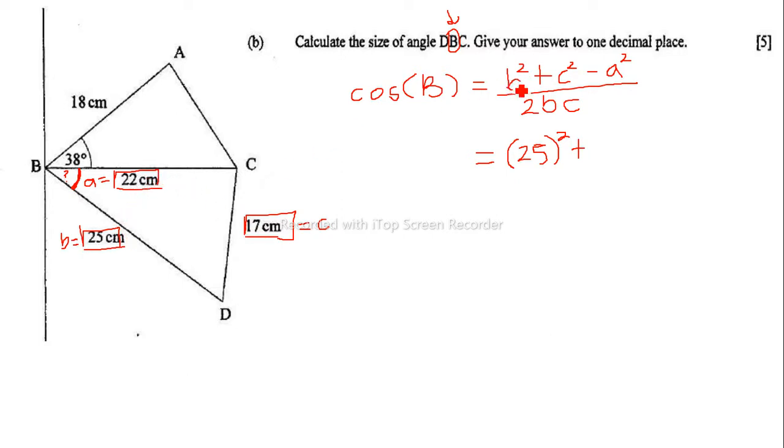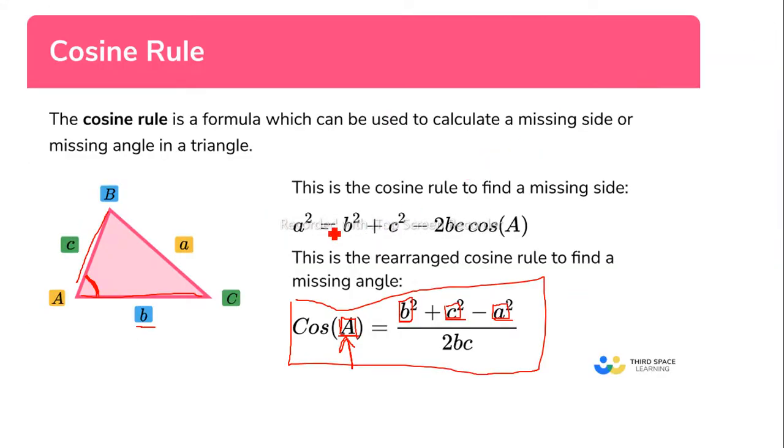The idea is that once you square all of your sides and subtract one of them. If we look at the general form, no side has to be a certain letter. We could change these letters around and still have the same thing.